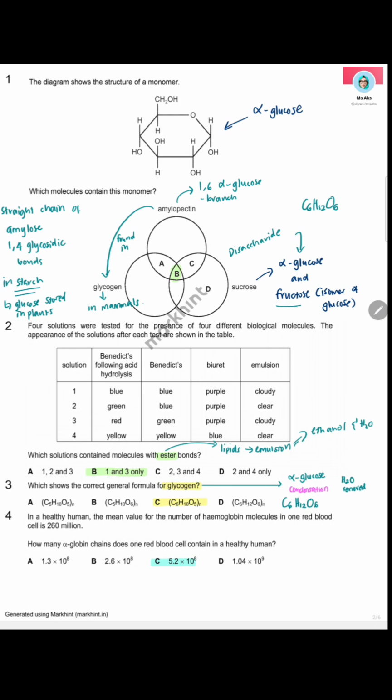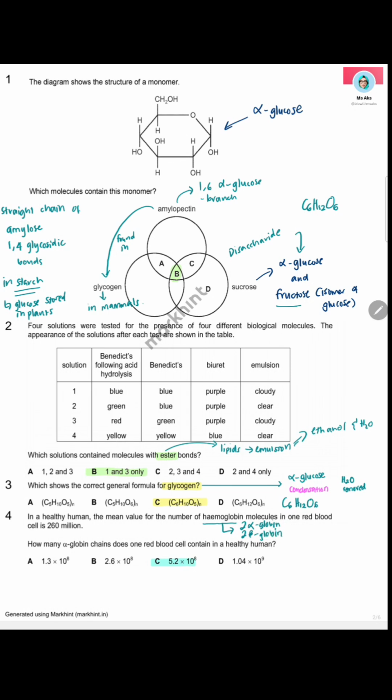Question number 4. We are given the mean number of hemoglobin molecules in one red blood cell is 260 million. What we need to remember is that one hemoglobin molecule has 2 alpha globin chains and 2 beta globin chains.